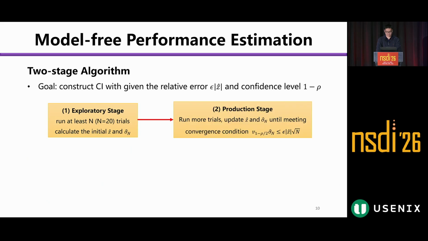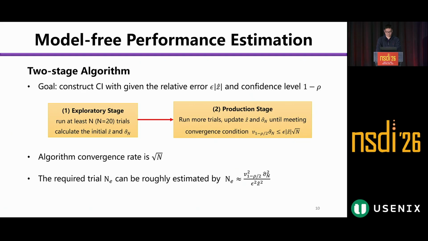The second stage is the production stage. We run more trials and update the empirical mean and variance until meeting the convergence condition. Based on the convergence condition, the algorithm convergence rate is square root of n. Hence, the required trial count NE can be estimated by the following equation. This equation tells us how long the experiments will take.